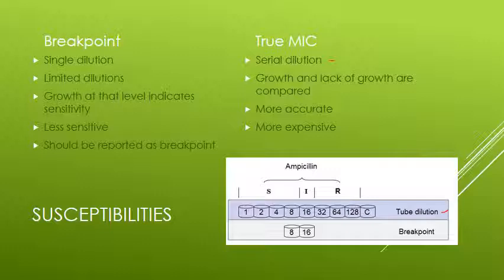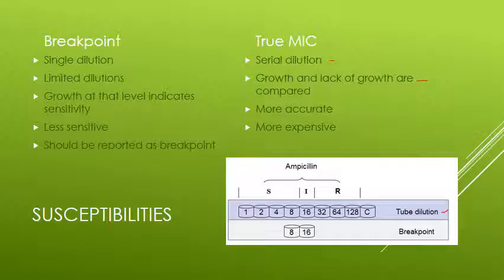Sometimes we are called on to do this manually for special testing in micro. But basically, you start out with the dilutions of your drug, in this case ampicillin, and then you add the same amount of your specimen suspension to each one of these wells, and you look for growth or lack of growth over the next day.